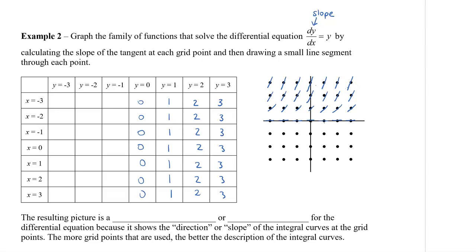All right, so let's take a look at the negatives. So we have negative 1. For all the y equals negative 1s, we're going to have a negative 1 slope, which looks something like this. Okay, I'm going to erase this and draw it in blue now.